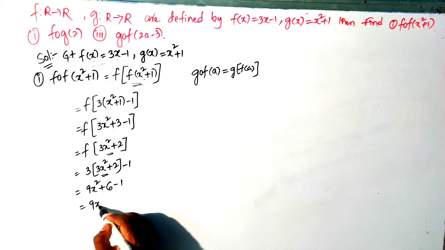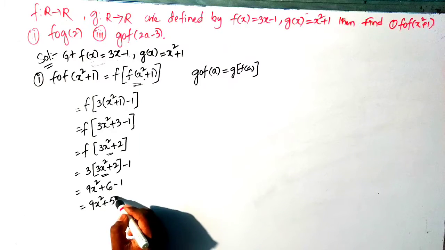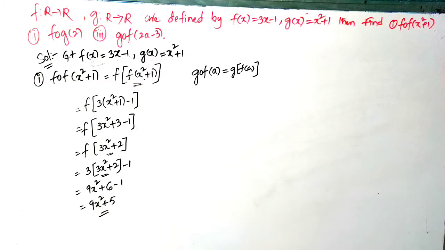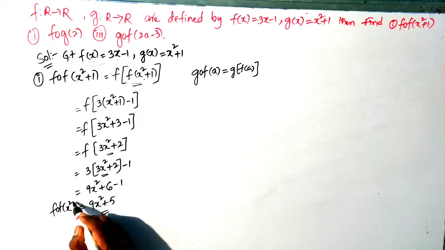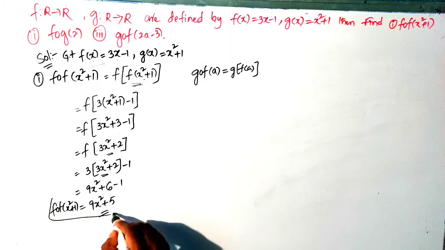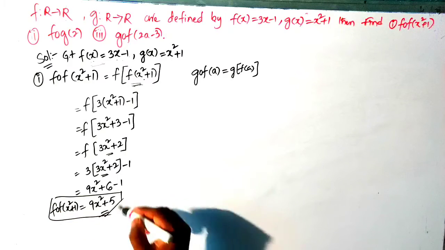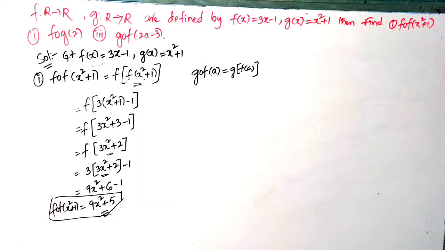So 9x square plus 5 we get here. 6 minus 1 is nothing but 5. So f circle f of x square plus 1 is equal to 9x square plus 5. Okay. So the first one is over. Now the second one. What is the second one? f circle g of 2.